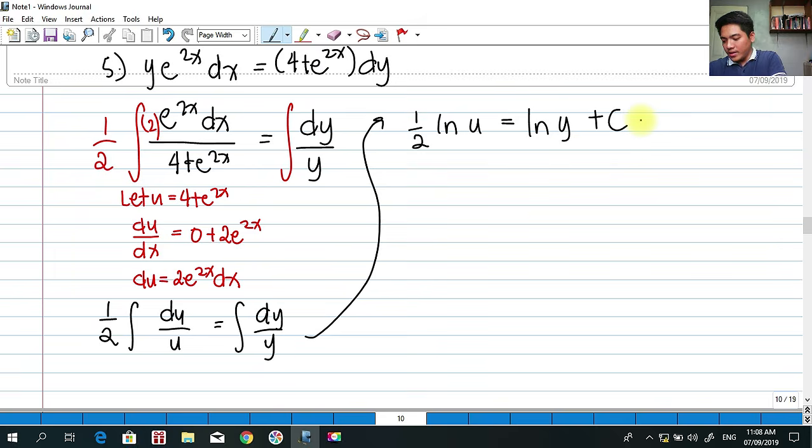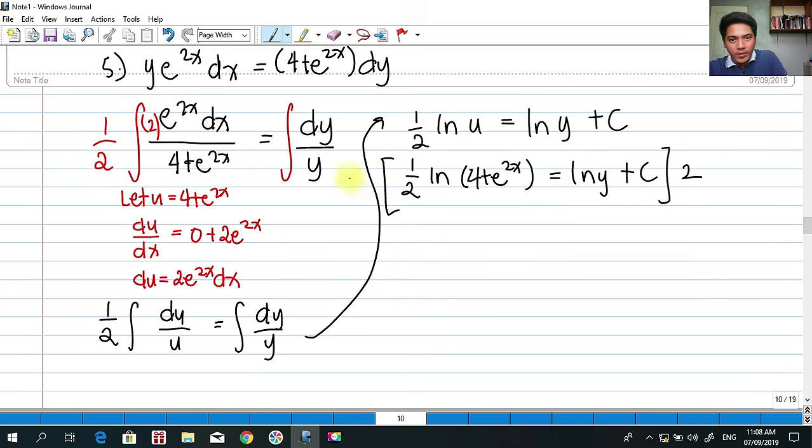Don't forget the plus c. Okay, and of course, we need to back substitute u as 4 plus e raised to 2x, so 1/2 ln of 4 plus e raised to 2x is equals to ln of y plus c. We can multiply both sides of the equation by 2 to eliminate 1/2 here. So we have ln of 4 plus e raised to 2x is equals to twice the ln of y plus c.